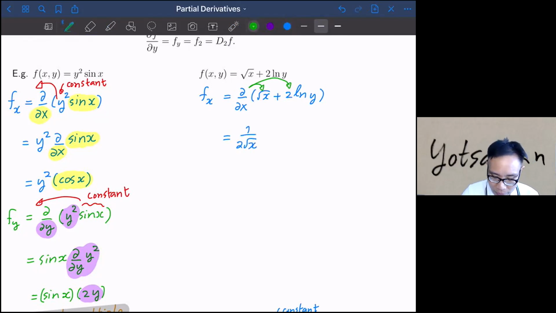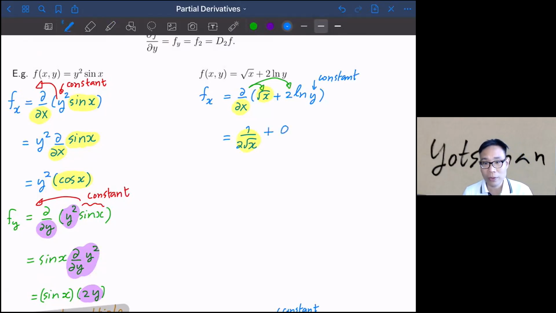Then 2 log y: log y here turns out to be constant, so you get 0.